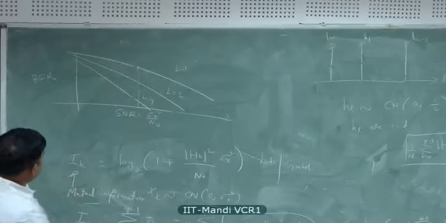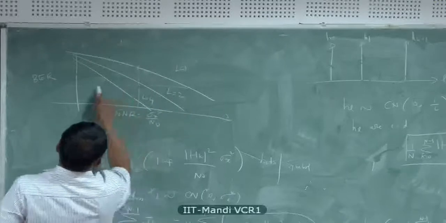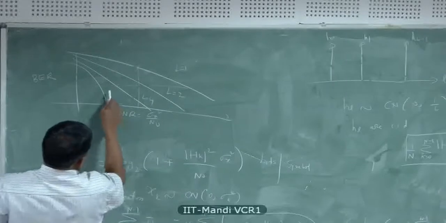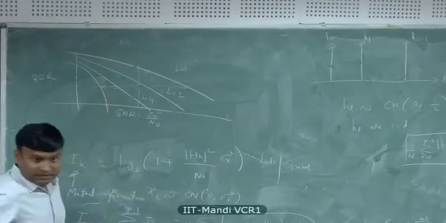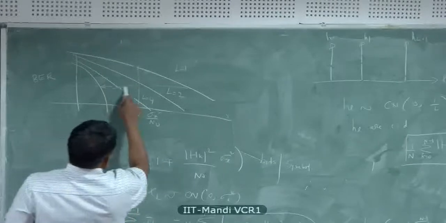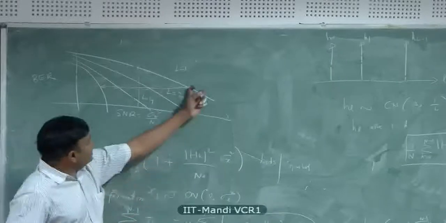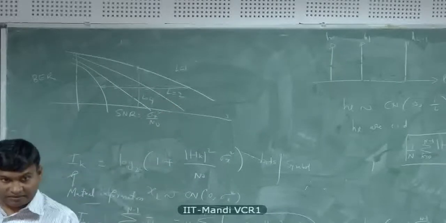So for a given bit error rate, if you take a matched filter bound or reducible case, this is the loss you get because of fading. Or compared to here, this is the gain you get by increasing the diversity order.